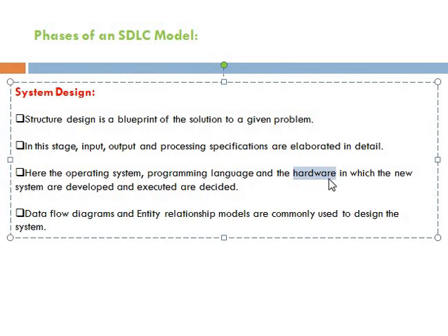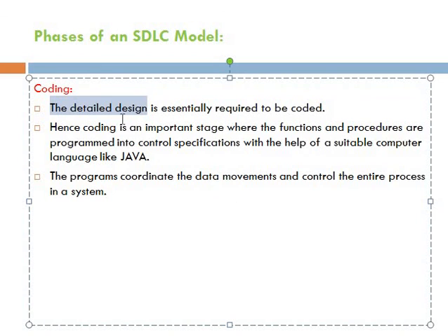The examples of hardware requirements can be the processor speed, RAM memory, the hard disk space, etc. And once the platform is being decided, the data flow diagrams, the entity relationship models are used to design the system.